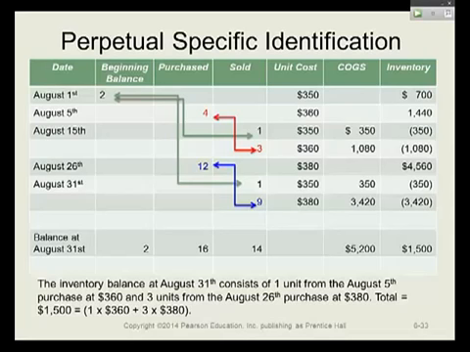So the allocation will be $5,200 going to the cost of goods sold, the income statement, and the balance sheet is $1,500. All right, so any questions on the specific identification?